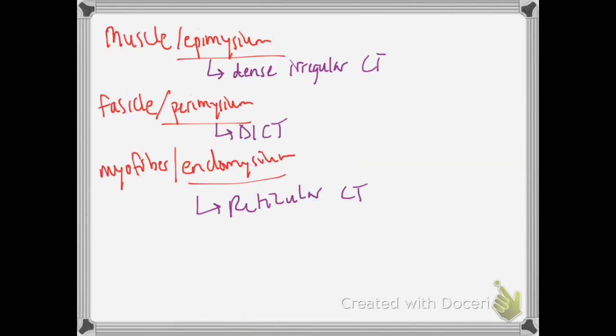Okay. There's some other things I want to do before I get into some smaller anatomy. So I want to differentiate those attachments. So we have the tendon. First, let's separate direct muscle attachments versus indirect. So direct and indirect.